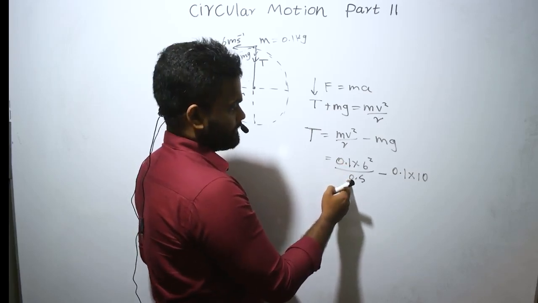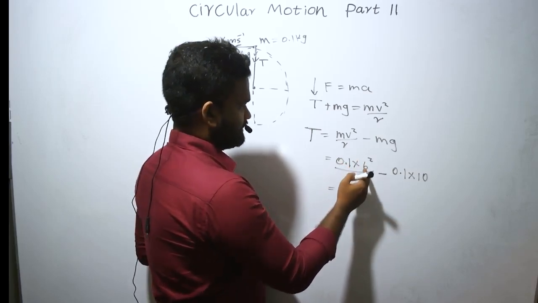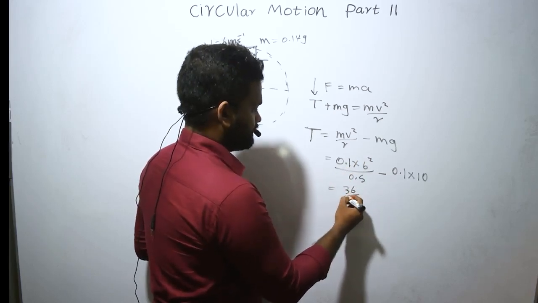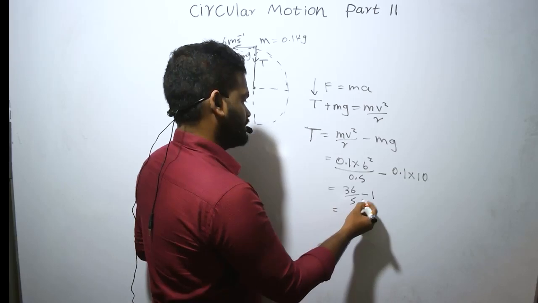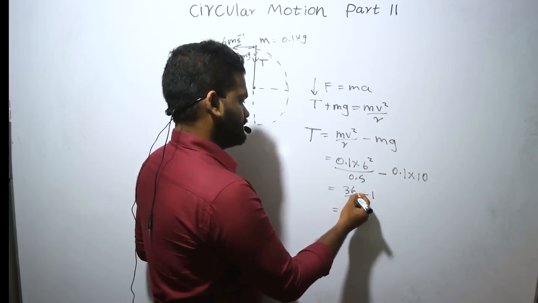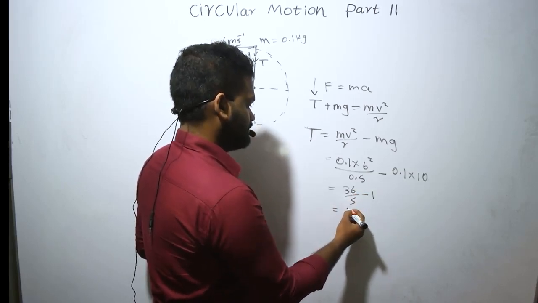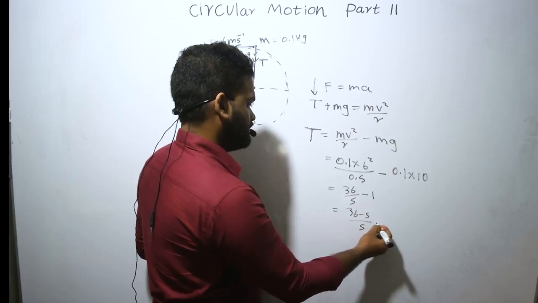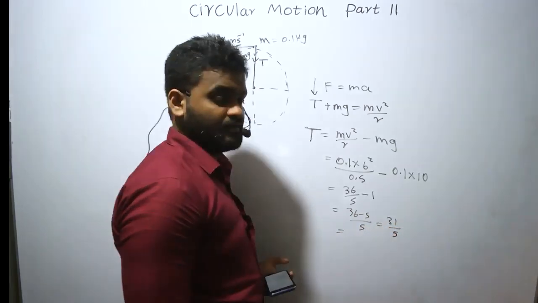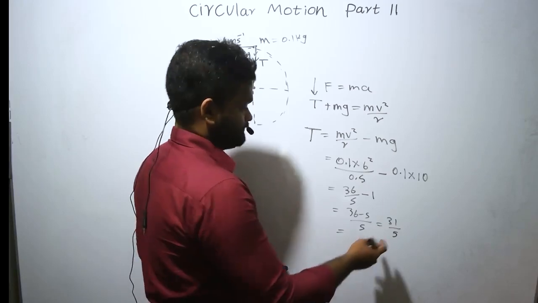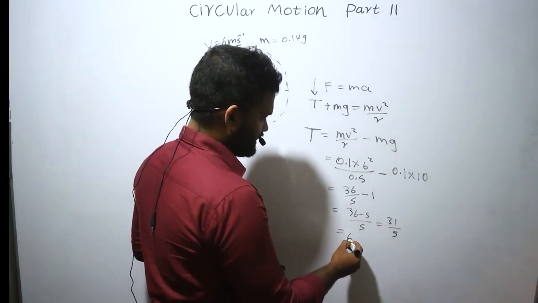So this is 36 divided by 1 over 5, minus this is 1. So you get 36 minus 5 divided by 5. So 31 divided by 5. Let's see what it was. Is it going to be 6.2?